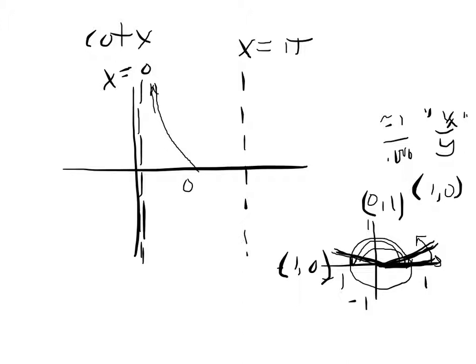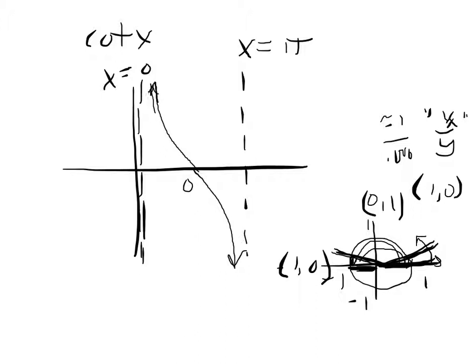My y is positive, very tiny. My x is around -1, let's say. -1 over a very small positive number is going to be a very large negative number, meaning heading toward negative infinity. So I'm going to go down and do something like that. And that gives me one period of the cotangent graph.